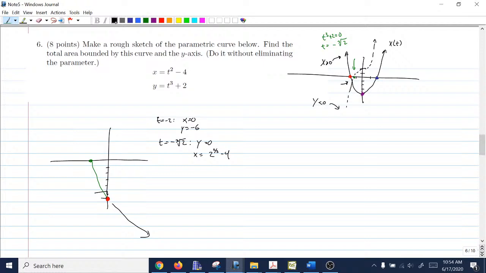What happens next? Our next point of interest is this purple point. At t equals 0, I get an x value of -4, and I get a y value of +2.